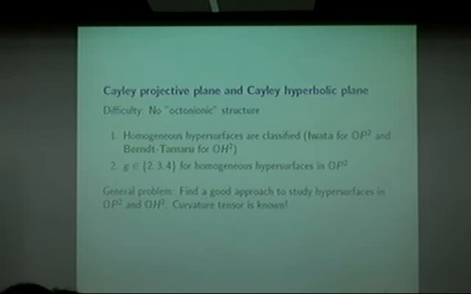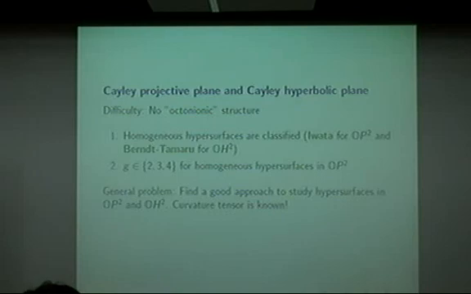Once one knows the curvature tensor, one can do some calculations using the Gauss and Codazzi equations. But I don't think anyone has really made a thorough attempt to do this, including myself. So I think there is something one can do in this direction. Only little is known about these two spaces.